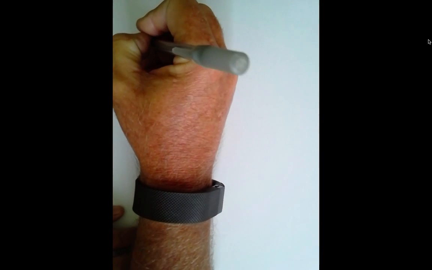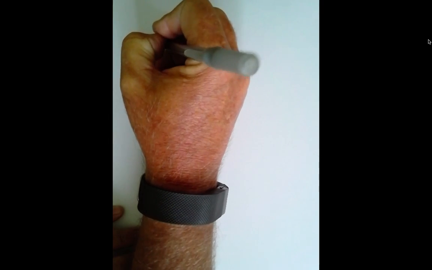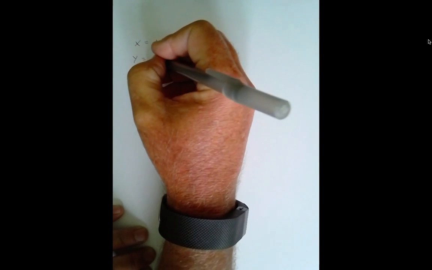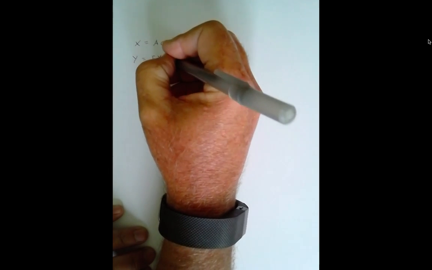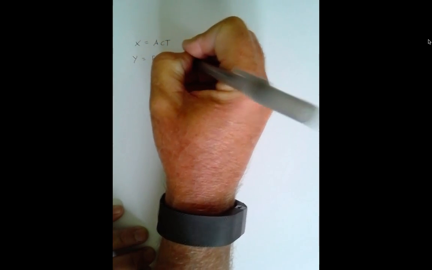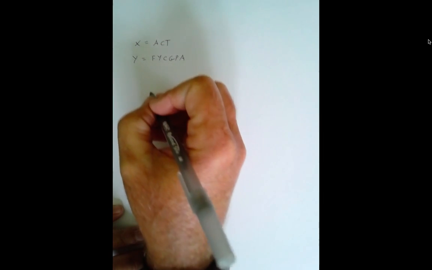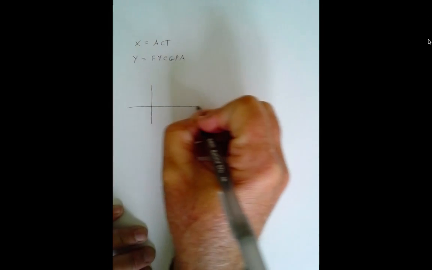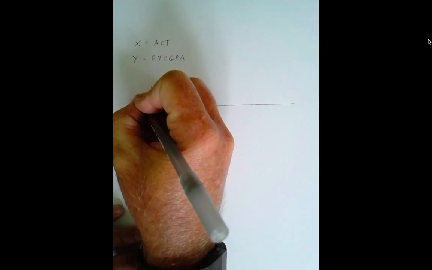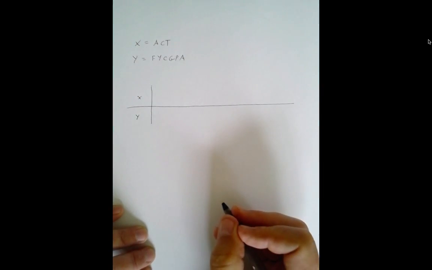So let's just start out with some data. I like to have these concepts kind of as being data driven. So let's say that X is a student's ACT score, and Y is their first year college GPA. And let's say we've got some information here on some students. And we have 5 students.